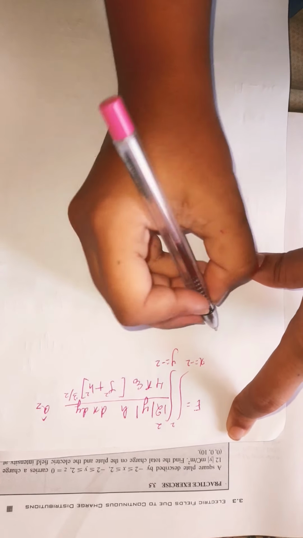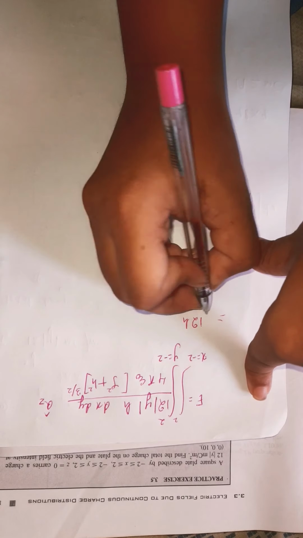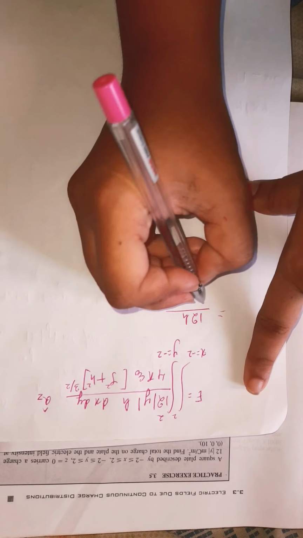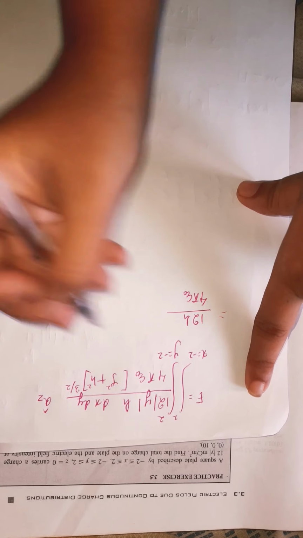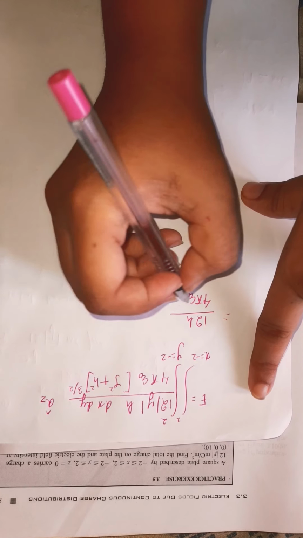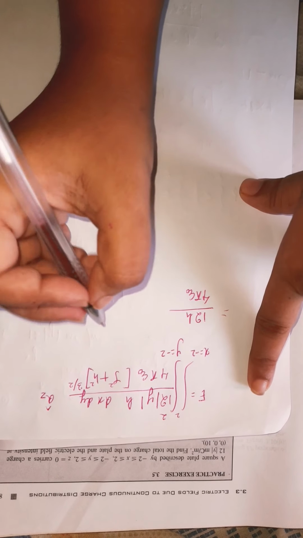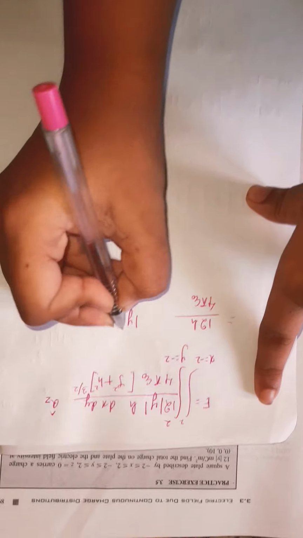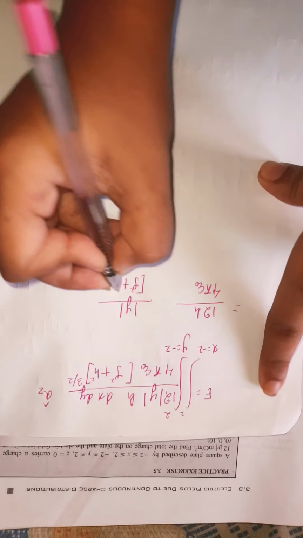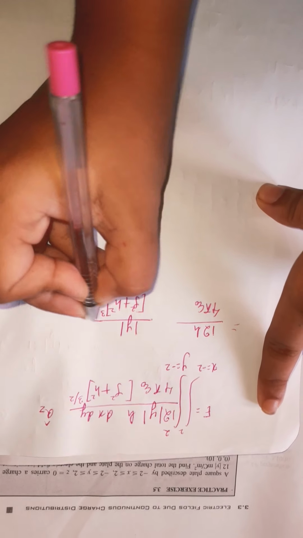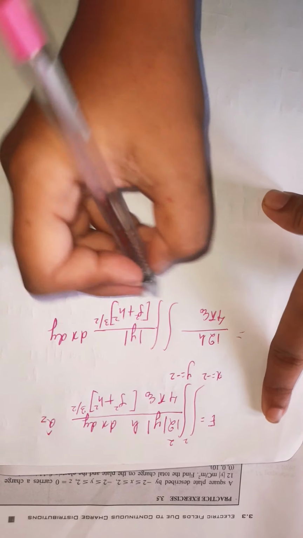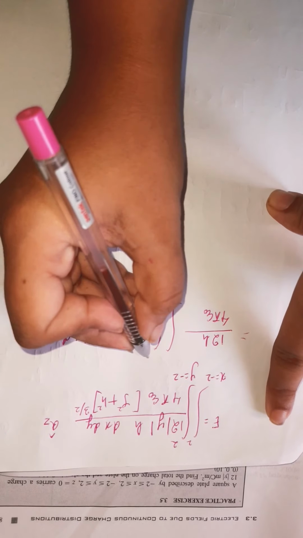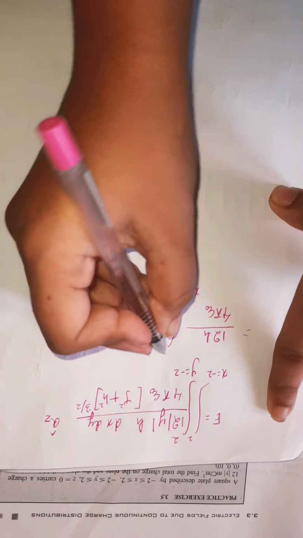Y also will be from -2 to 2. Let me take out all the constant terms outside, like 12 h. This h is the value given to us in our question, but it's a constant, so let me put it outside. What is remaining is rho square plus h square whole to the power 3 by 2 dx dy integration. Y is from -2 to 2, and x is also from -2 to 2.